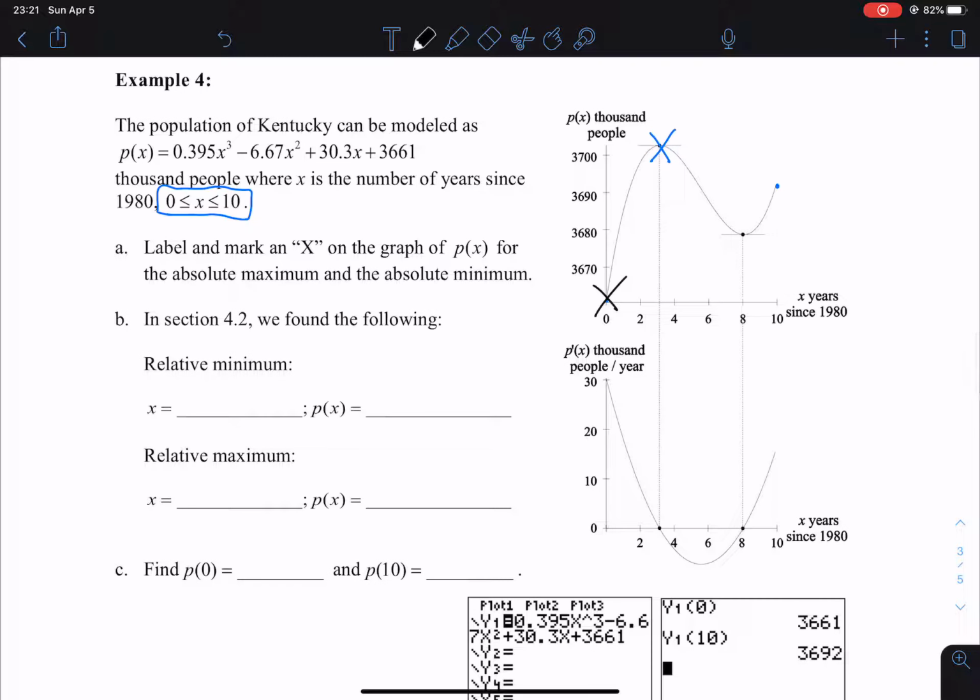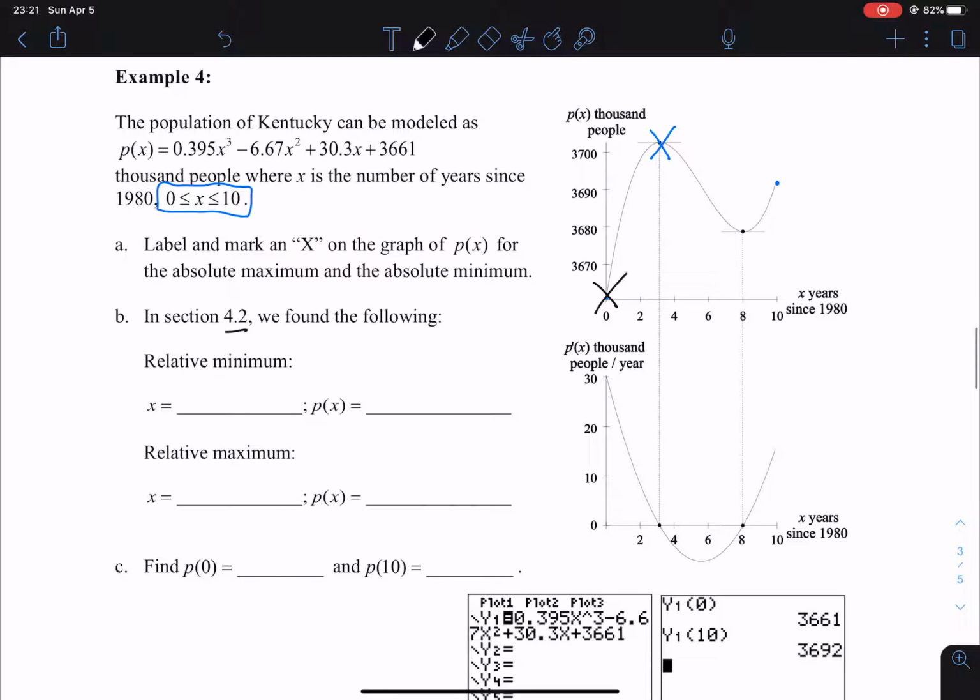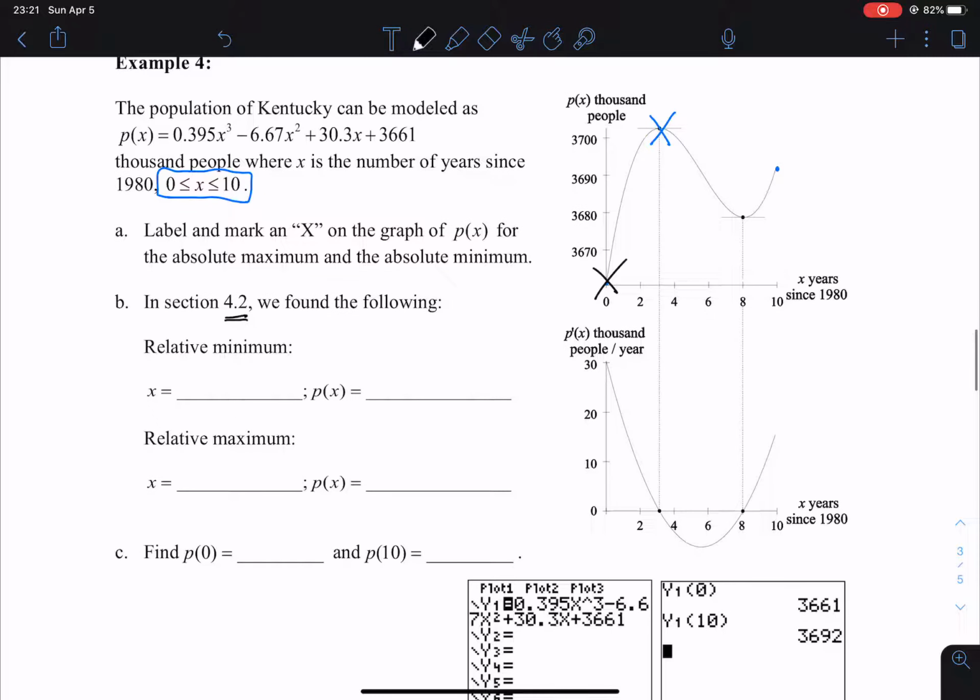And in section 4.2, that is one of the homework questions. Make sure you know how to use your calculator to find the x and the y of the relative extreme point of a function. That means you have to know what is the input value and what is the output value.